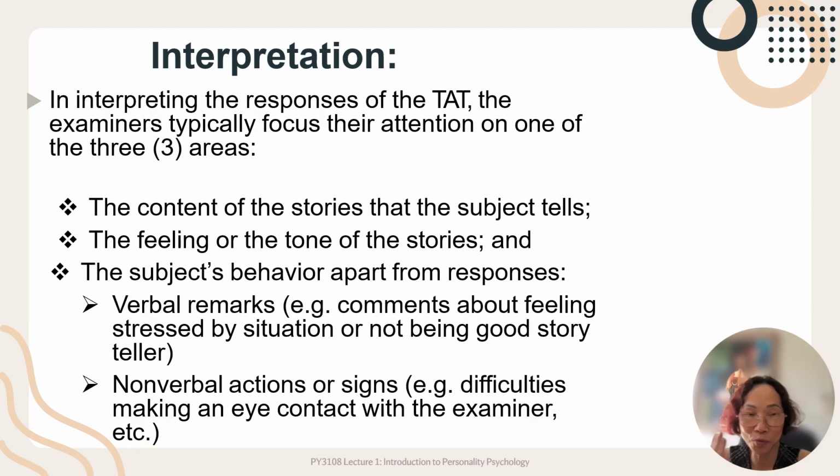For example, verbal remarks, such as comments about feeling stressed by the situation or not being good at telling stories, or nonverbal actions or signs. For example, difficulties making eye contact with the psychologist. So these are the important signals that the client or the subject sent to us.